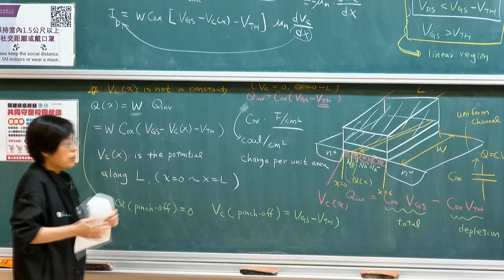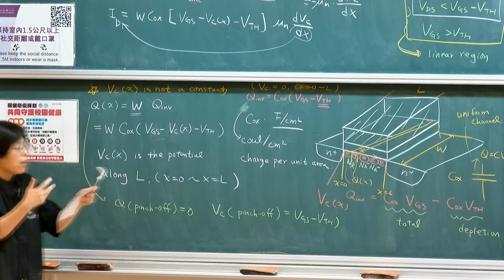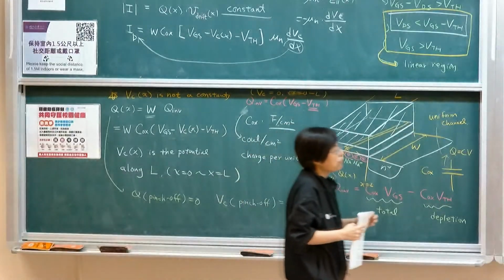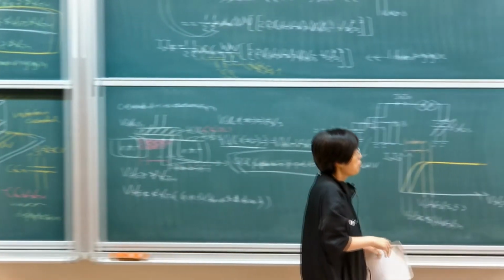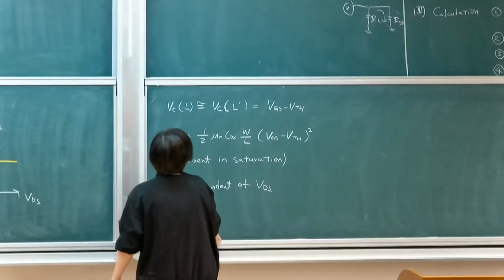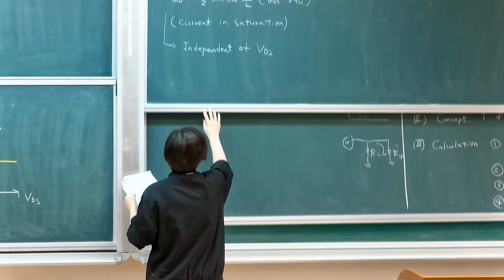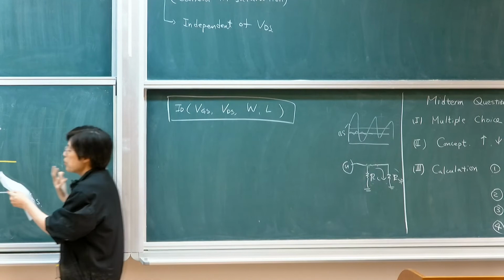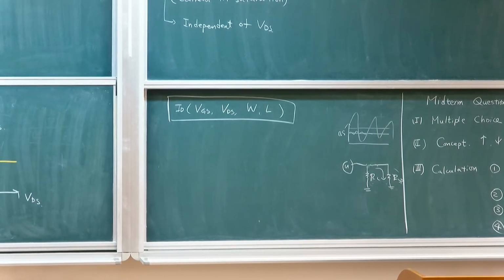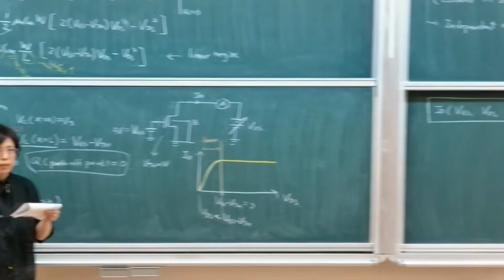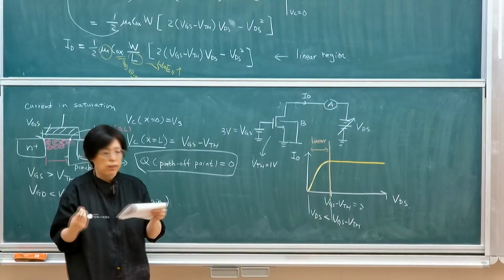So once we have this understanding of the current equation, I want to give you some intuitive sense of how this device functions. The behavior of this device will give you a certain essence as to how you use it.